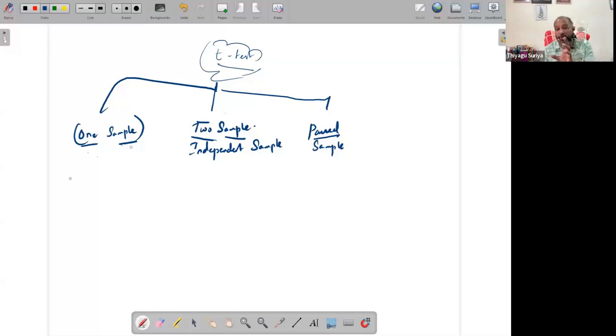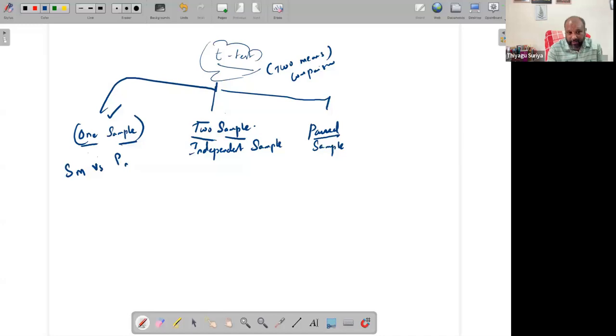Now, the one sample t-test, as already mentioned, is only a two-mean comparison. Listen, for the t-test we need two mean comparisons. In the case of one sample, we have only one group, so how can it be compared? That is the reason the one sample t-test is only meant for comparing a sample mean with a population mean.